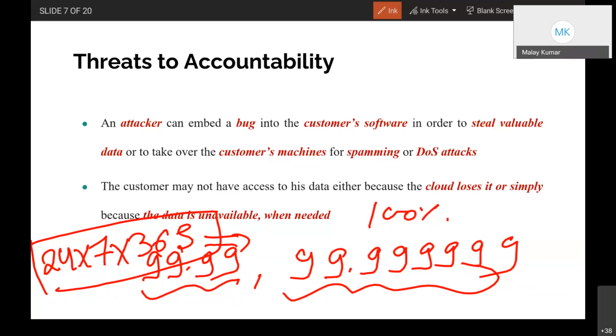If this happens, who is responsible? We will study that when we discuss the defense strategy for such attacks.